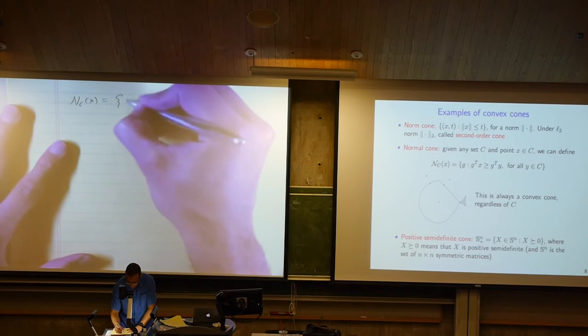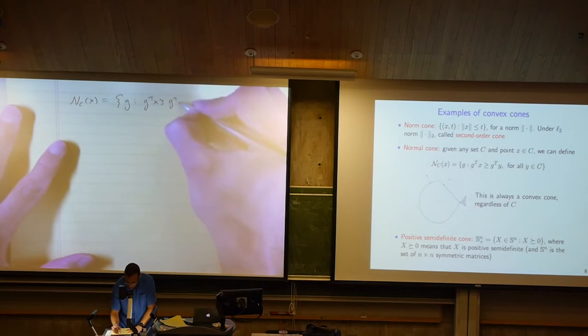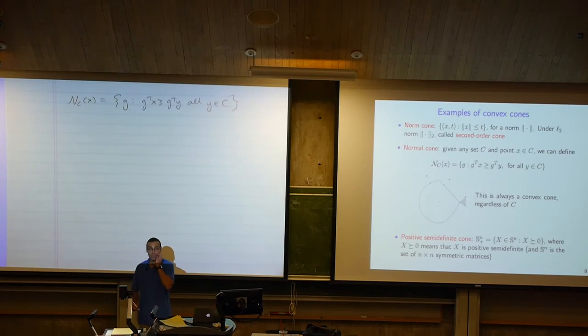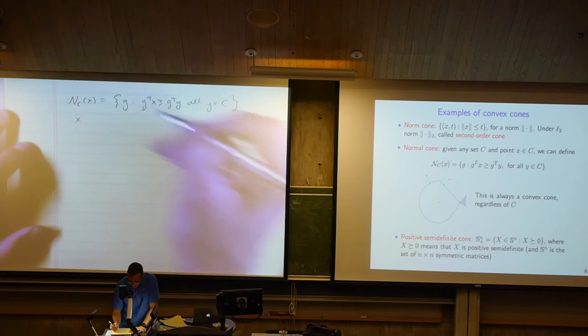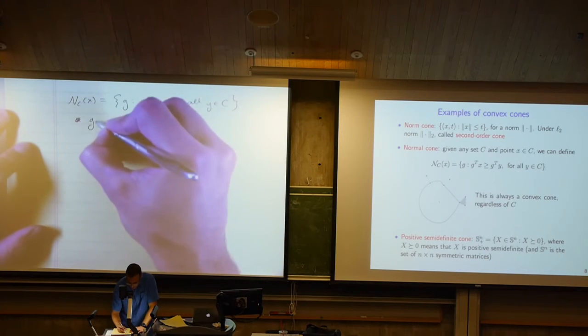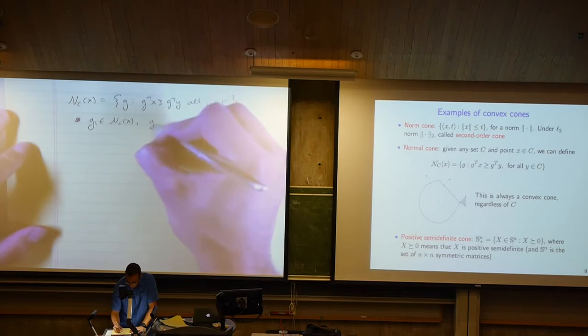Let's check that for this set, just to be concrete. It's the set of all vectors G such that G transpose X is bigger than or equal to G transpose Y for all Y in the set C. So how would I check that this is a convex cone? Well, I'll just go back to the definition. Let's suppose that G1 is in the normal cone, and G2 is also in the normal cone.